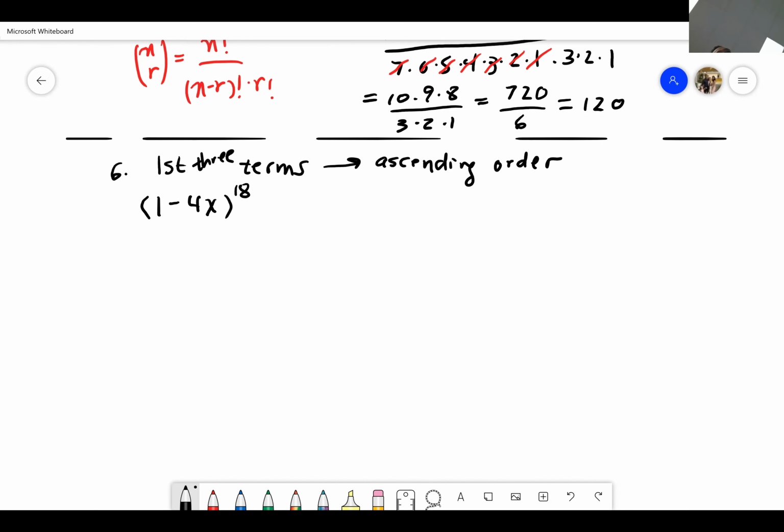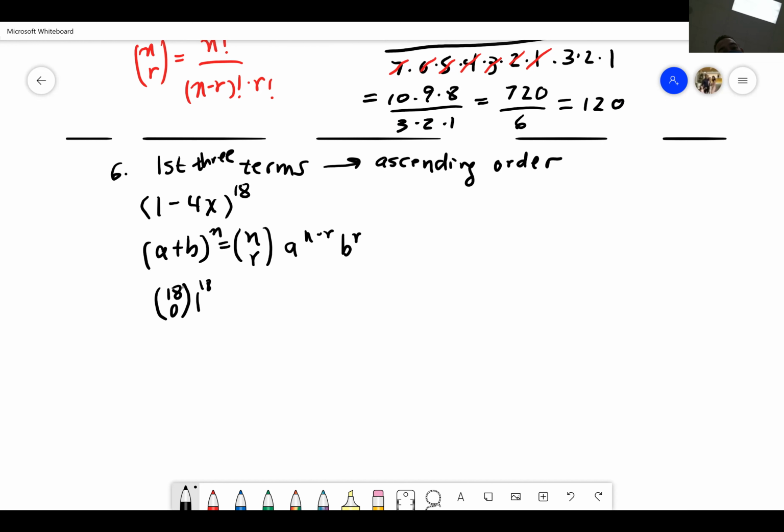I would suggest, again, I always do this: I write A plus B, and I remind myself we're gonna go N choose R, A to the N minus R, and B to the R. So I would just write 18 choose 0, 1 to the 18, negative 4x to the 0, plus 18 choose 1, 1 to the 17th power, negative 4x to the first power.